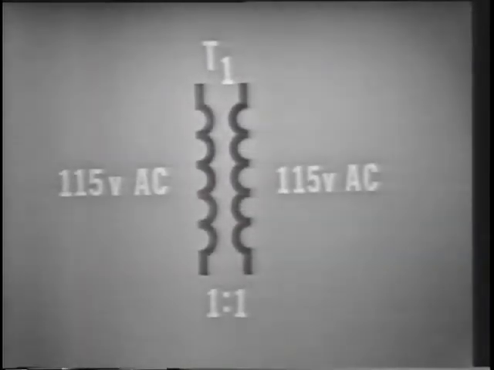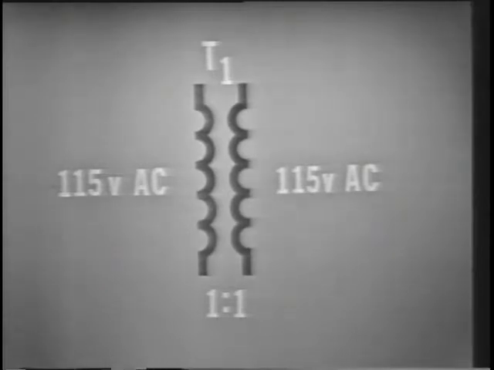Now knowing this, calculating voltages in the bridge rectifier simply boils down to what is the secondary voltage. Now there are a couple of points to remember when calculating the secondary voltage. First, is there a step-up or step-down ratio between the primary and secondary windings of the transformer?